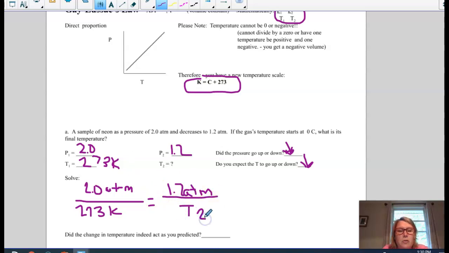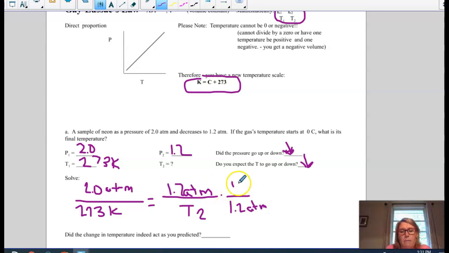Well, where's T2 at? T2 is in the denominator, which is not the best, but we can figure it out. First of all, I want to isolate the variable. So what I'm going to do is divide both sides by 1.2 atm.